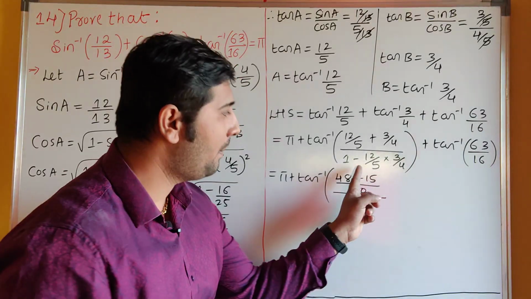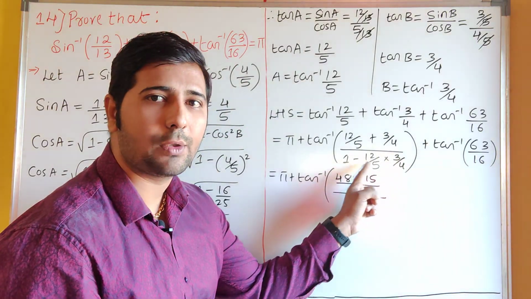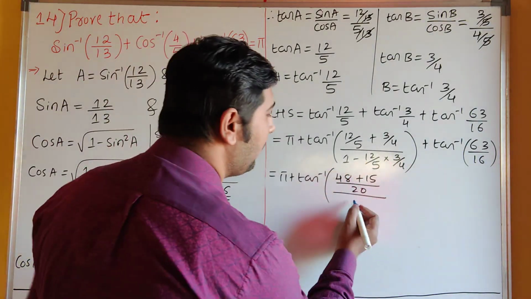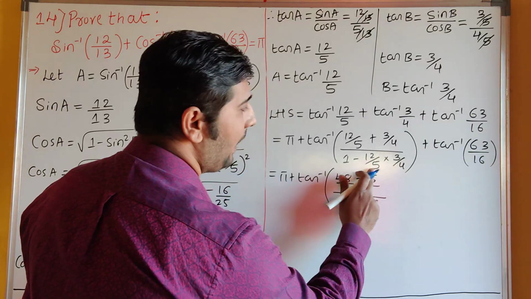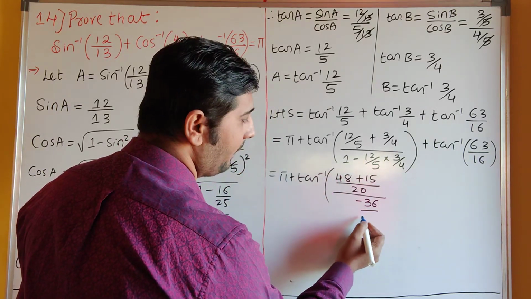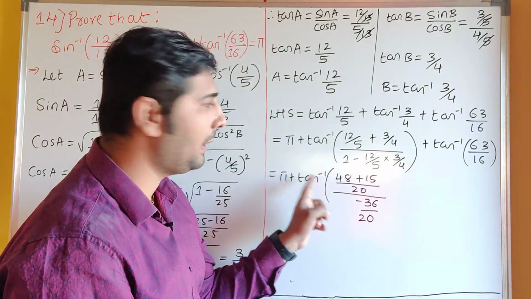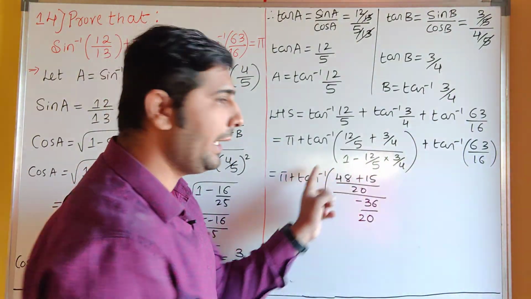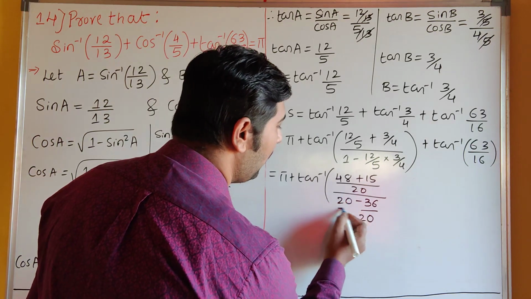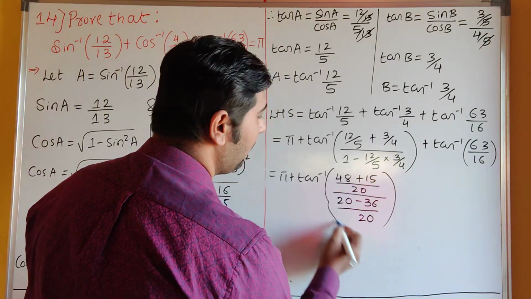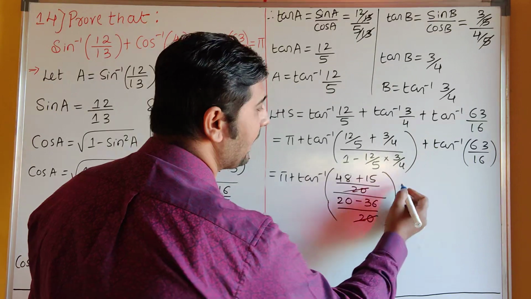Now see, minus 12 is there, minus 12. Minus 12 3s are minus 36. 5 4s are 20. 20, we will write 20. This 20 I will cross multiply here with 1. 20 into 1, 20. Whole divided by 20 and bracket close. 20, 20 get cancelled.